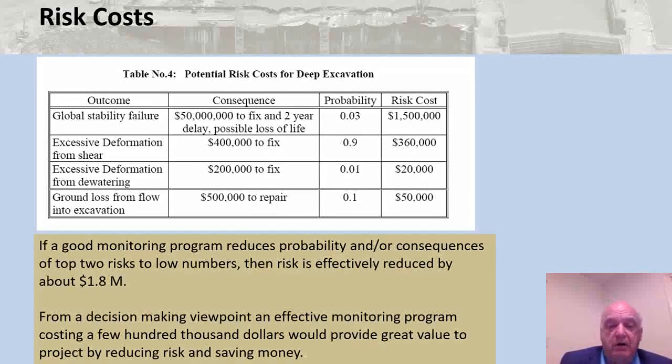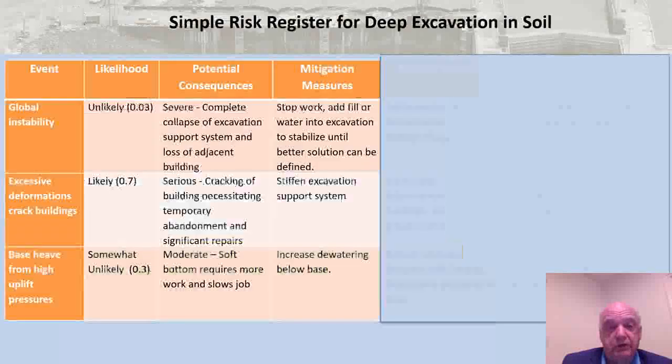These might require a little extra money, but it's small compared to avoiding these estimated risk costs. So with instrumentation, a few hundreds of thousands of dollars perhaps on instrumentation and some risk mitigation costs, we could effectively offset this $1.8 million in this example.